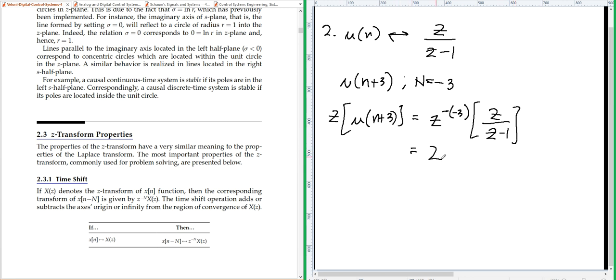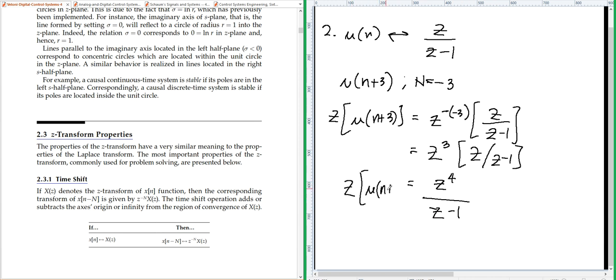So you have here Z cubed times Z over Z minus 1. So it becomes Z to the 4th over Z minus 1. So this is your final answer.